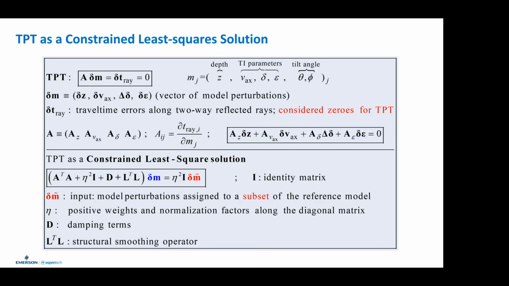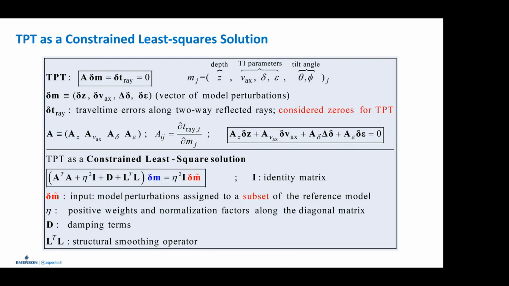But for the time-preserving tomography, this is the beauty, and this is what makes this procedure very efficient: we already say that the model is consistent, at least kinematically, with the seismic data, so the travel time errors, delta T, are considered to be 0.